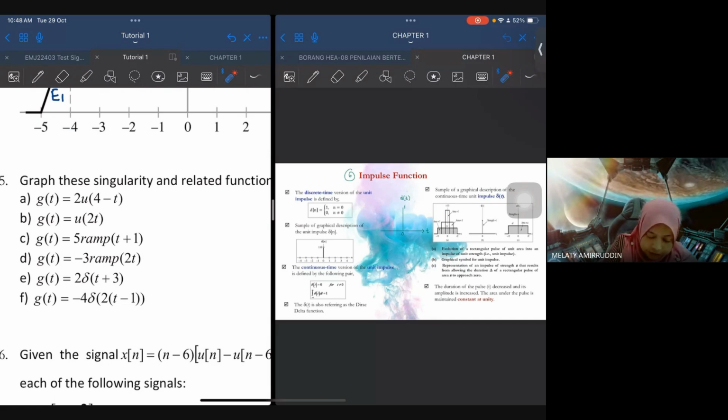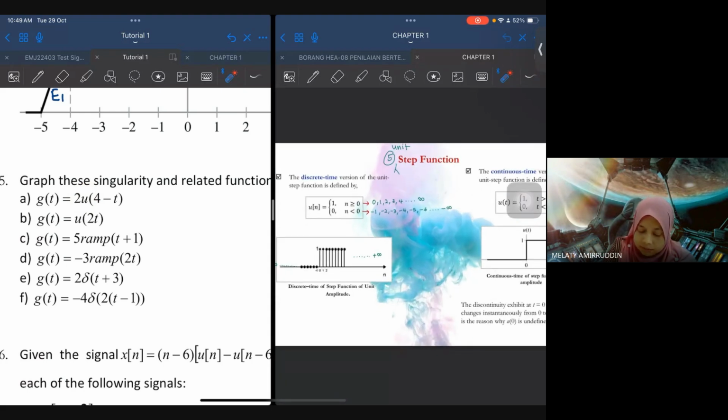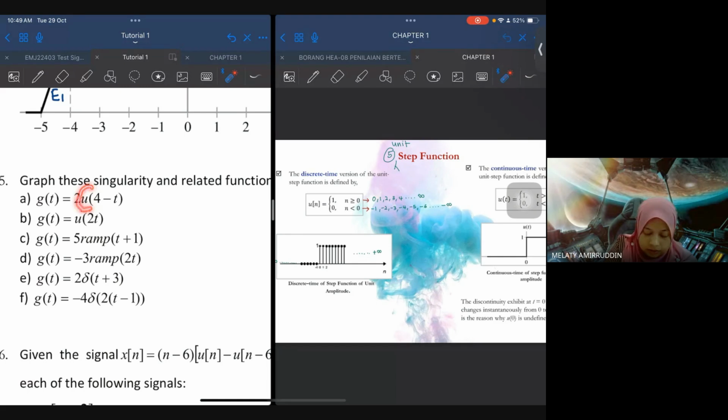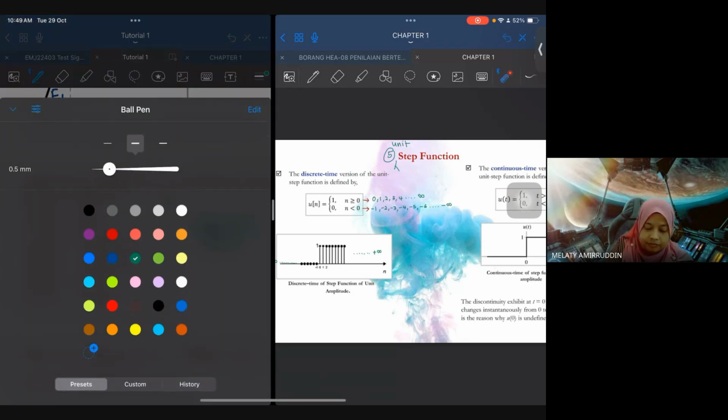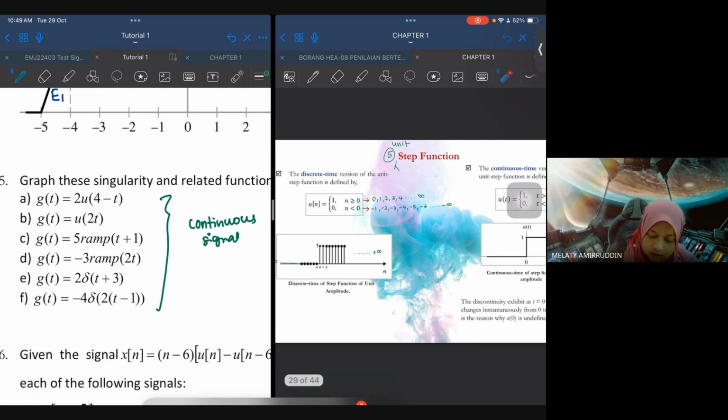So the first question is U, meaning that it is unit step. So unit step, this is T, using T. So all of it is continuous signal, because using a T. So first is UT, unit step.